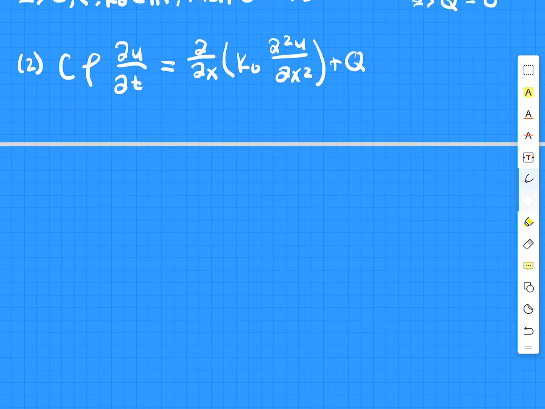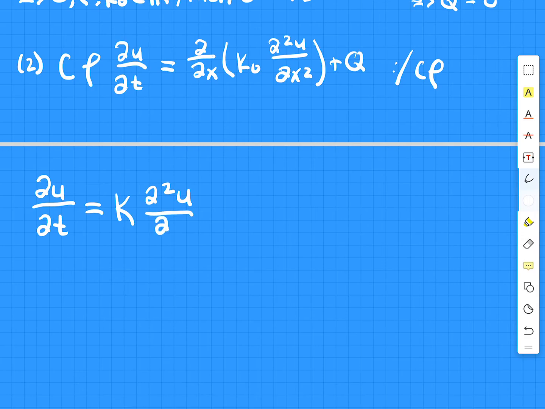What I mean by that is, if we divide both sides by C and rho, we'll get something akin to partial u over partial t is equal to K, which I'm going to label as capital K, partial squared u over partial x.